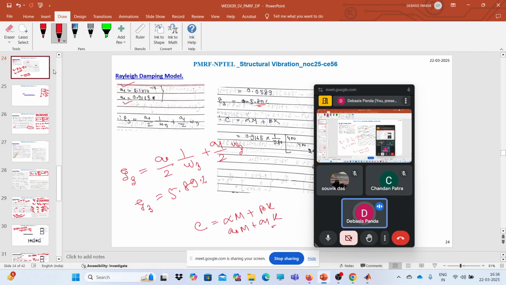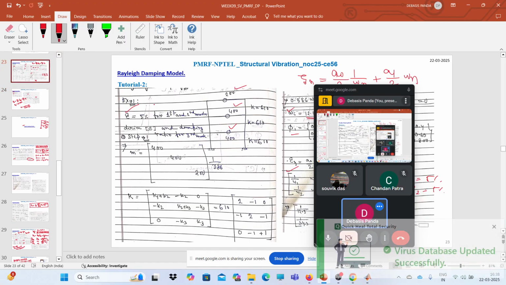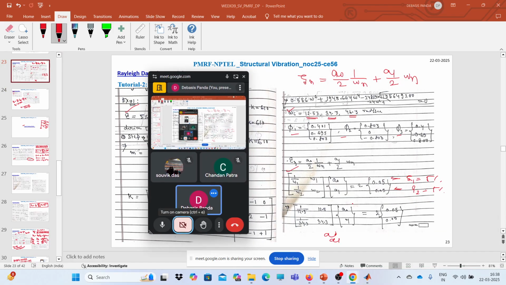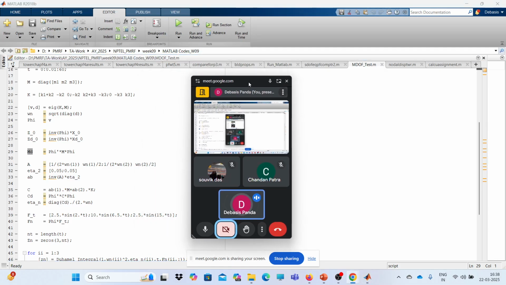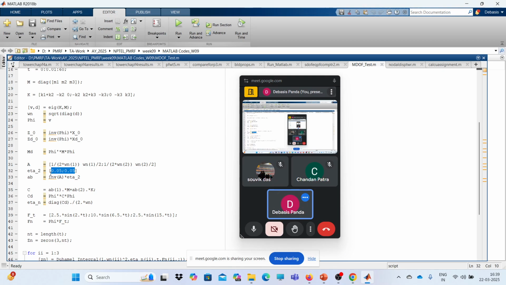It looks like this: 1 by omega i, 1 by omega j, times A naught, A1 is equal to 2 times zeta 1, zeta 2. And precisely we have done that. So let's consider zeta for the first two modes as 5%.